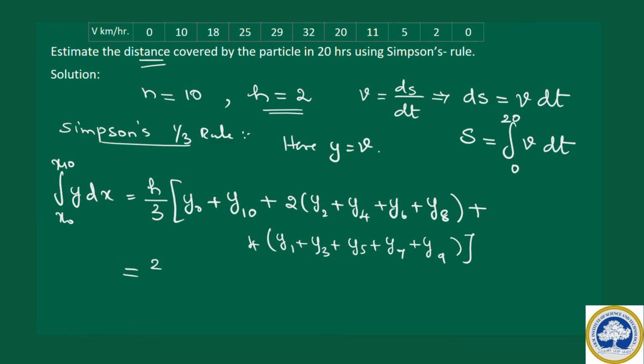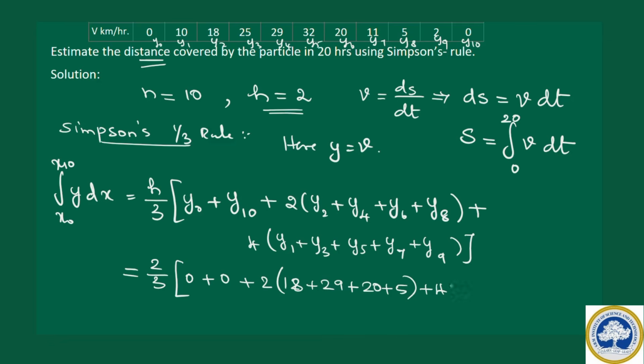Y0 is 0, the first value, the last value is again 0, plus 2 times the even terms: y2 is 18, plus 29, plus 20, plus 5.